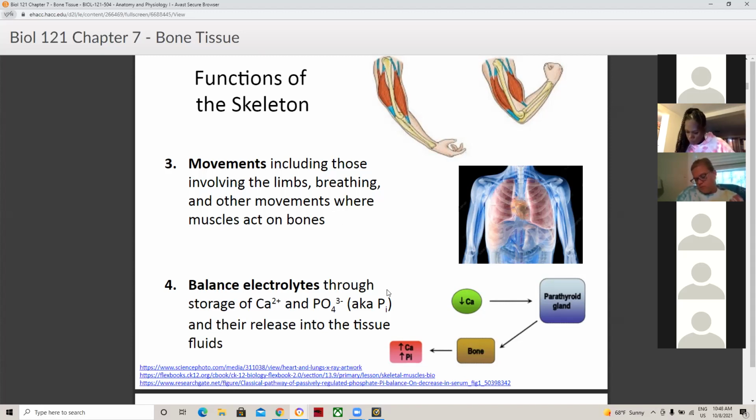It's also key to balancing electrolytes through calcium and phosphate storage and their release into the tissue fluids. So inorganic phosphate, remember that functional group, the phosphate, its main storage is in the bone.